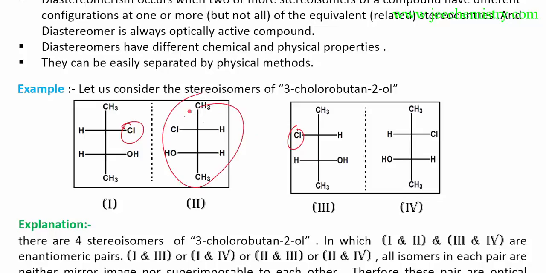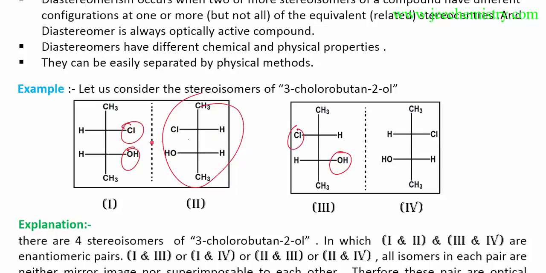We should neglect this compound and consider the 1st and 3rd. The OH is on the right side here, but in the other compound the OH is on the other side. Now we can say that this is not a mirror image. These two compounds are mirror images as Cl and OH, Cl and H are on the same side. So this is a mirror image, because for a mirror image you can simply take the mirror image.